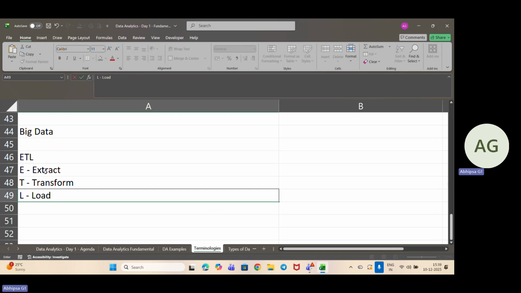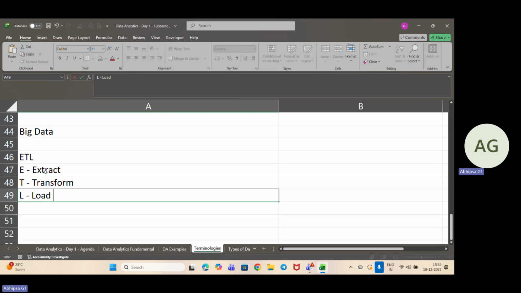Either I can merge all of the data in a single CSV file, or I can upload all of this data to a data warehouse to get access accordingly. So this is called the load. Load is to put it into the database or any secured place from where we can take the data and use it based on our requirement.